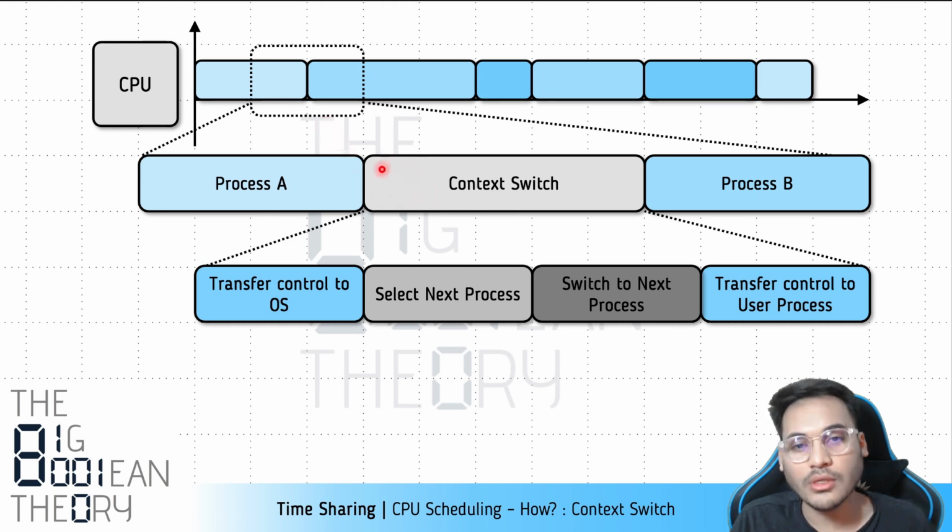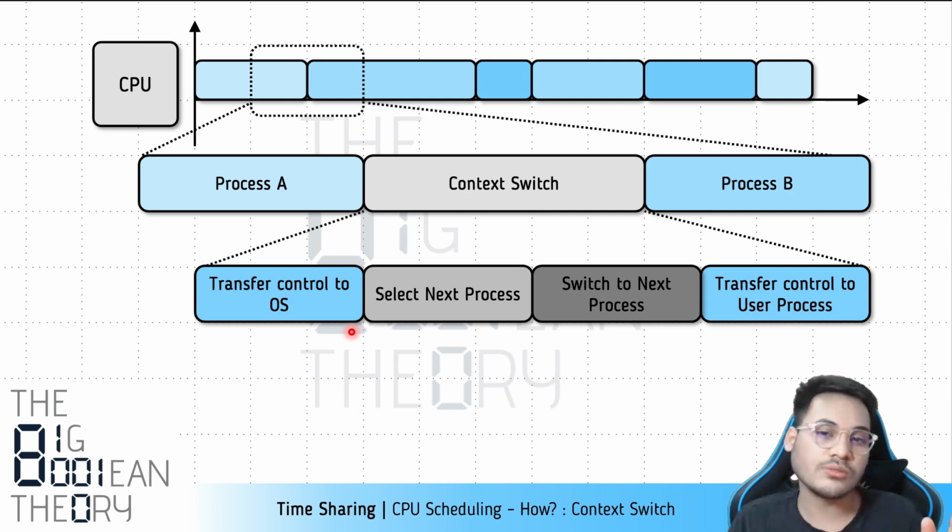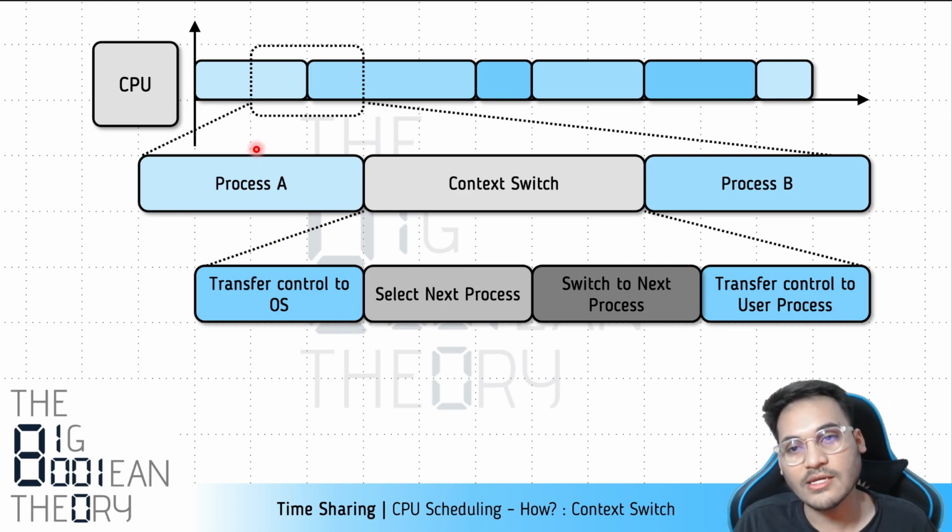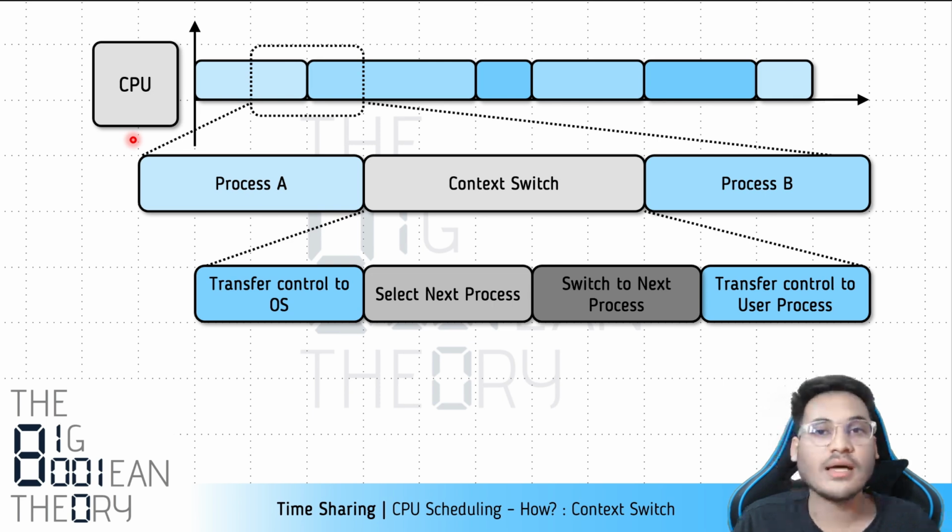Now if you look closely at a context switch, there are again multiple steps inside it. The first step, as we already talked about, is to transfer the control from the currently running user process to the operating system, right? When process A is running on the CPU, this means that the operating system is not running on the CPU, right?